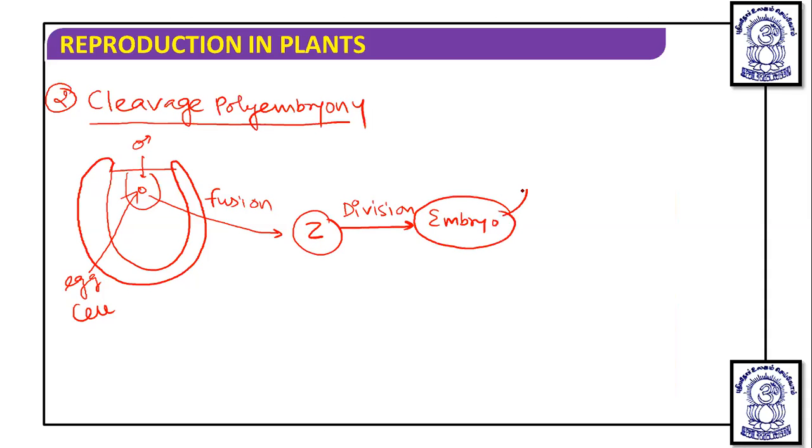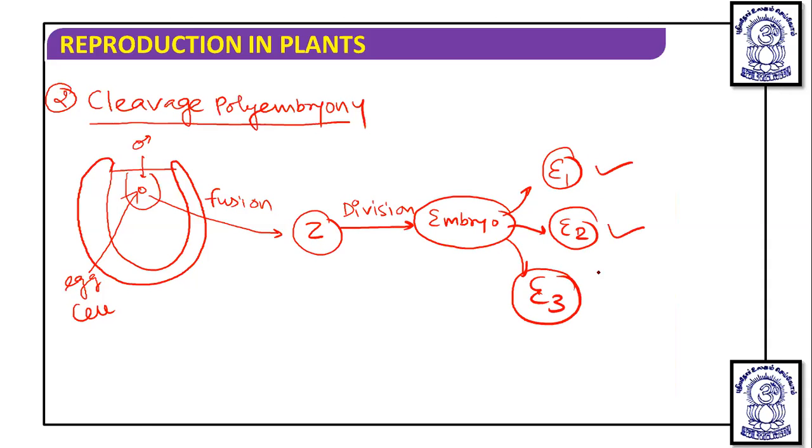This embryo gets divided and produces multiple embryos within it, like embryo 1, embryo 2 and embryo 3. I am just naming them for understanding. So if in such a way multiple embryos are produced from one egg cell or one ovule, then it is known as cleavage polyembryony. This is the correct thing, that one zygote is giving rise to multiple embryos, so it is known as true polyembryony.